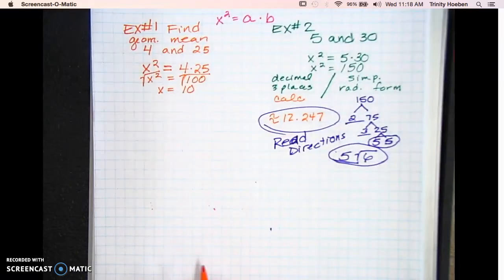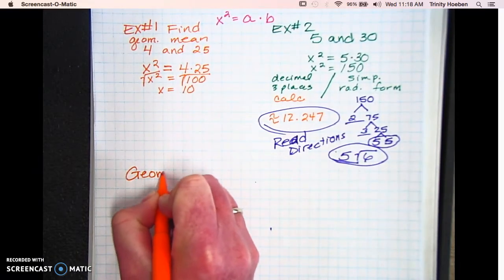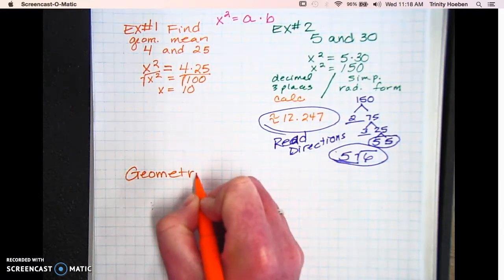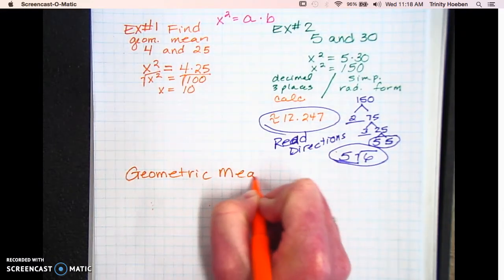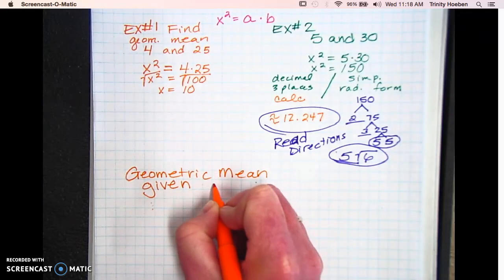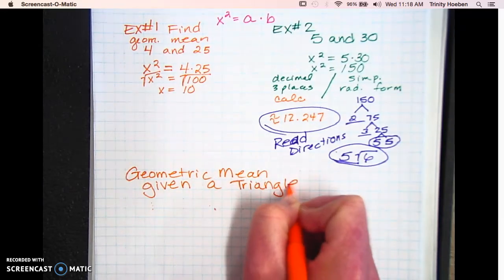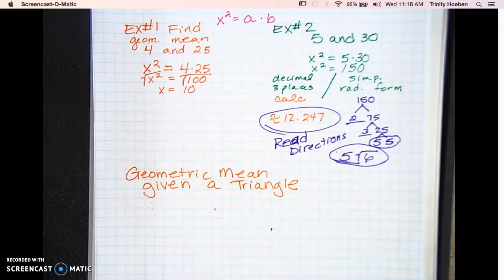All right. Now let's talk about the geometric mean in a triangle. This is the reason we learned about geometric mean, because it's going to be applied to this right triangle.